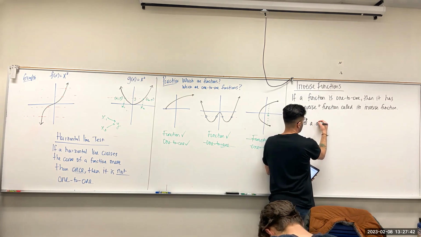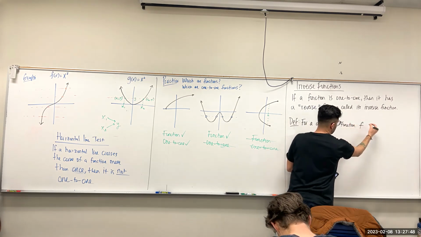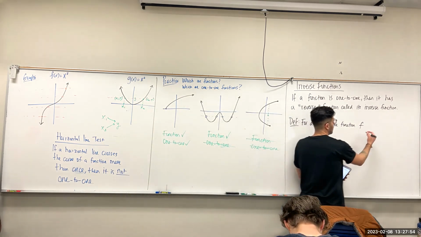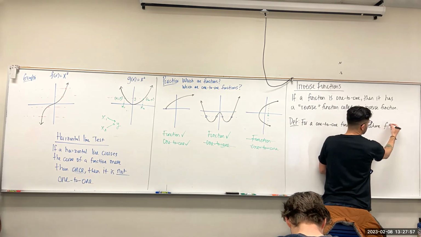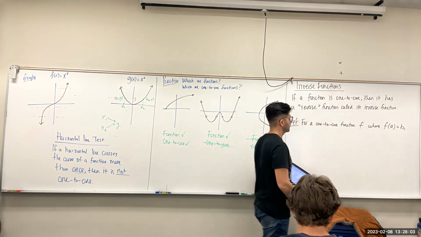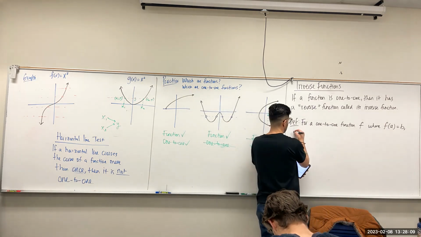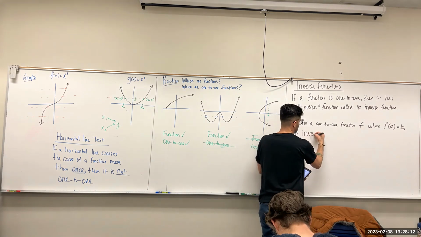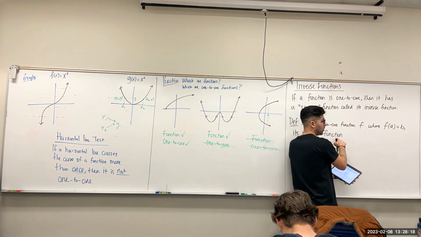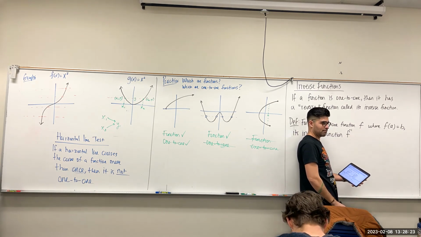So for a one-to-one function f, where, let's say, you plug in some input A and it spits out some output B, its inverse function, the way we're going to denote the name of it, is we're going to write f with a little -1 on top of it.